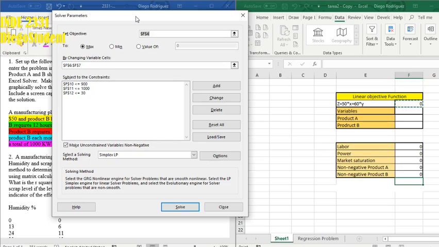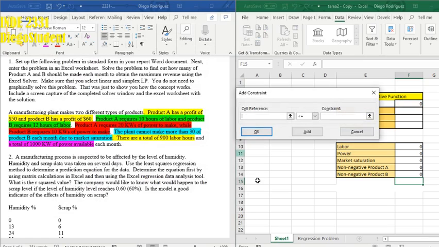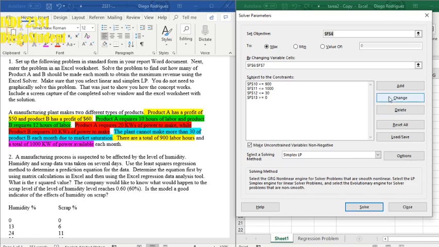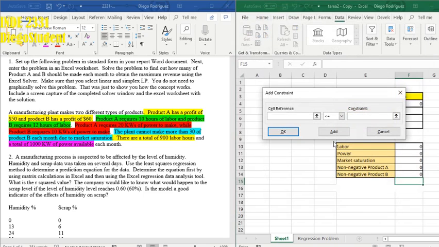You cannot produce negative 10 toys, you know what I'm saying? So you're gonna put add non-negative product A, and this one has to be greater or equal than 0. And the same with the non-negative product B, greater or equal to 0.